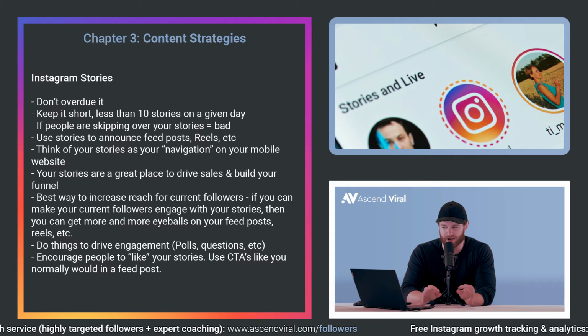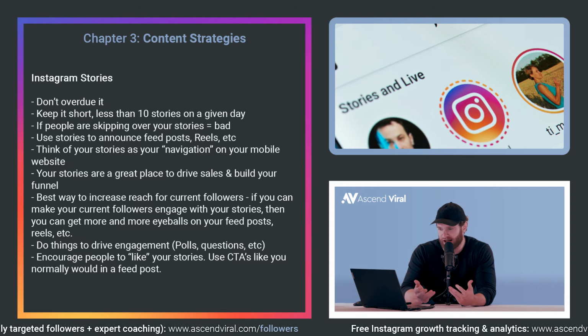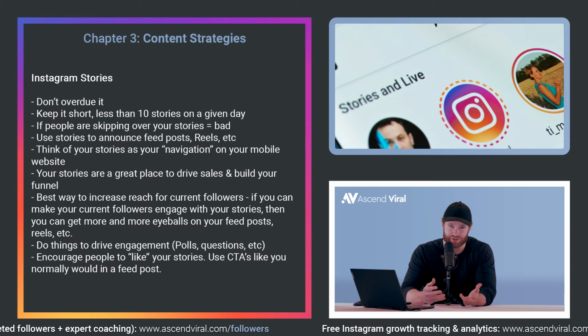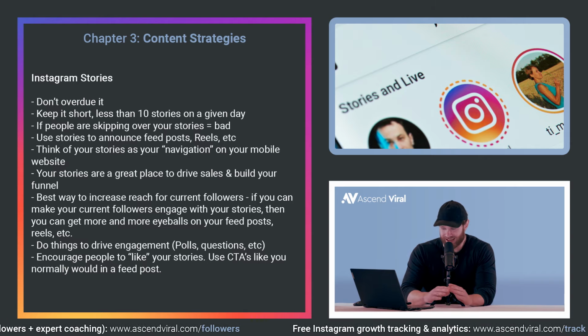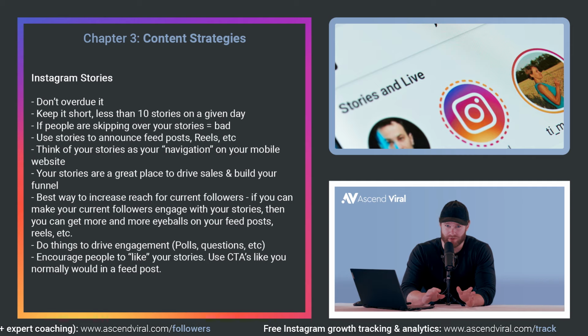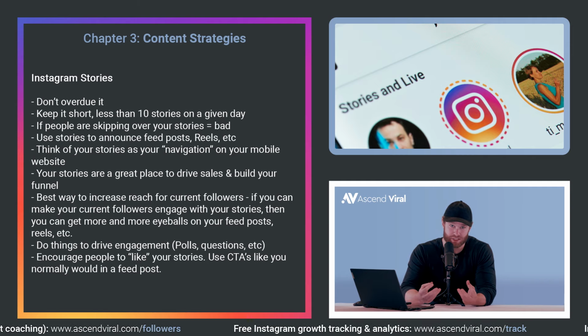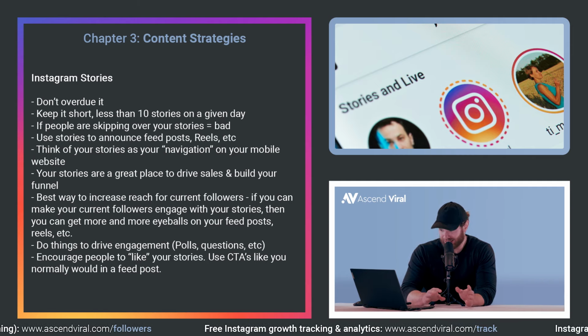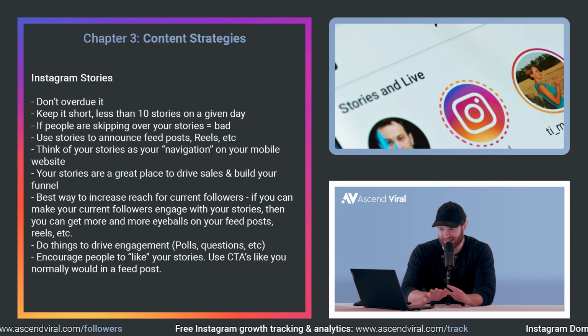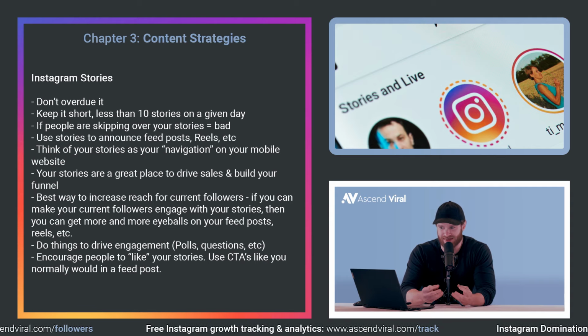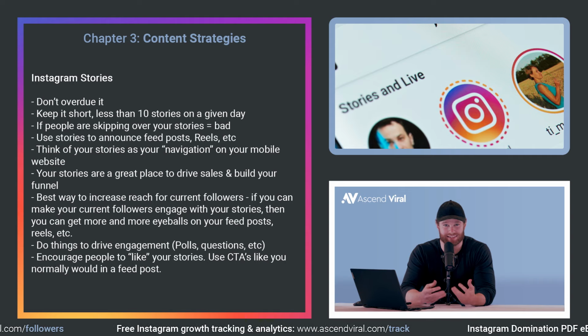And I think their value to sell ratio, like how much value they provide compared to how much they try to sell to you, becomes out of whack when they use their stories that heavily to promote their stuff. So again, prioritize giving insights and context in your stories and then make the selling and promotional aspect last.